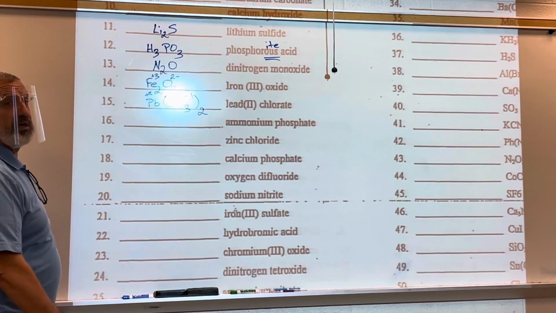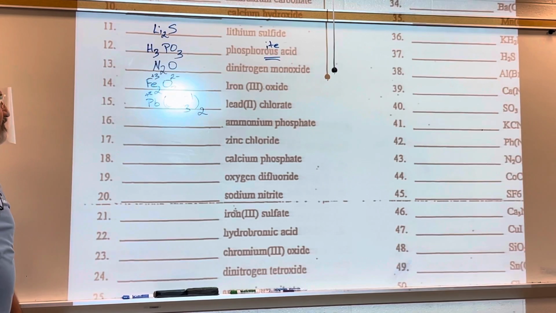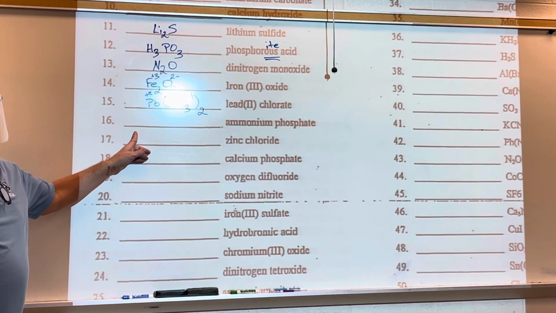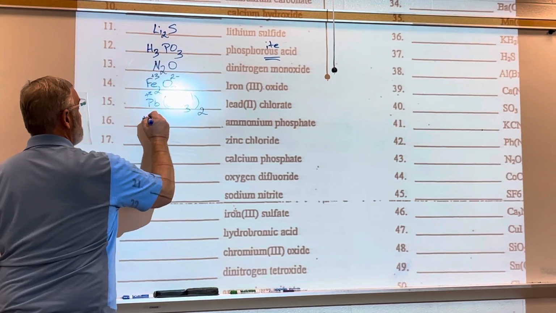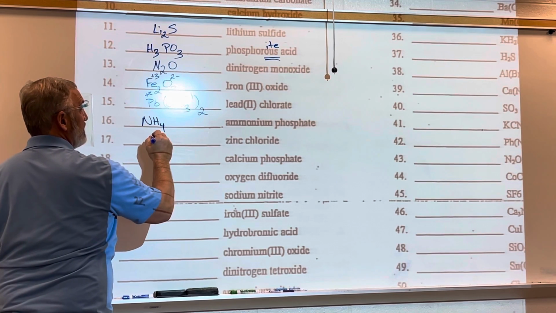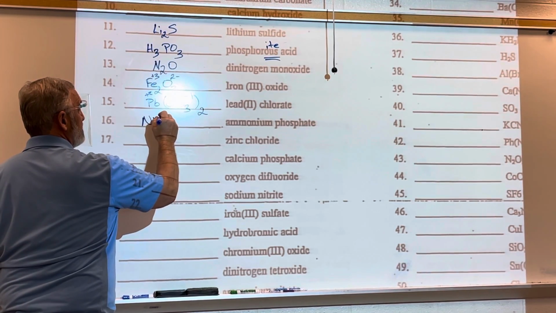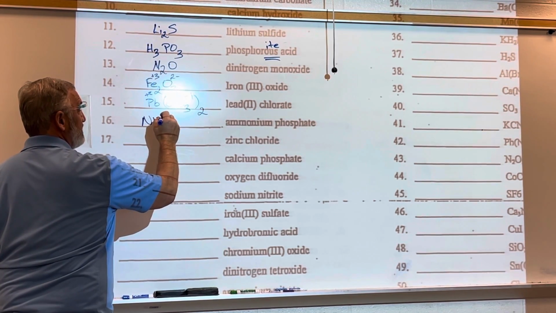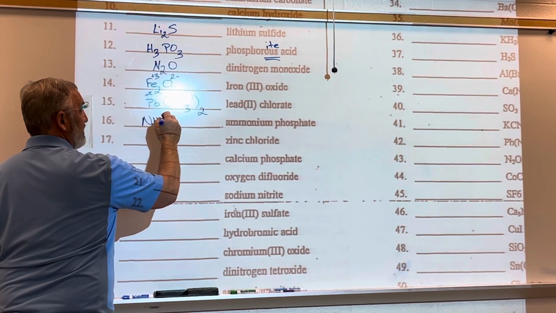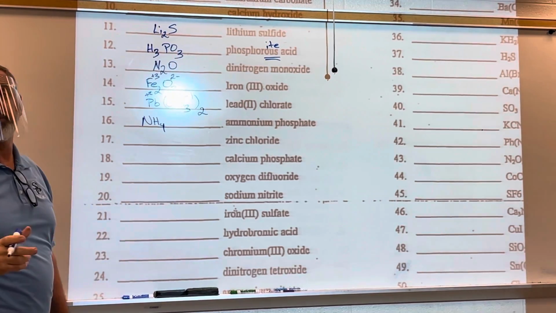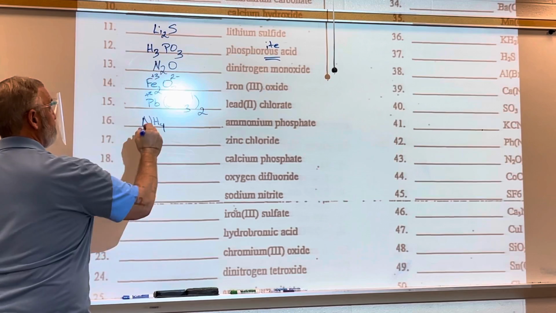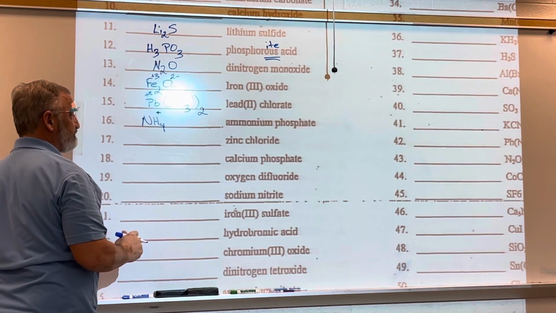Ammonium. Okay. Harrison, what do we get for ammonium's? NH4. With what charge? It's at the top of the ion sheet. Somebody help me, what's the charge on ammonium? +1. What's phosphate?